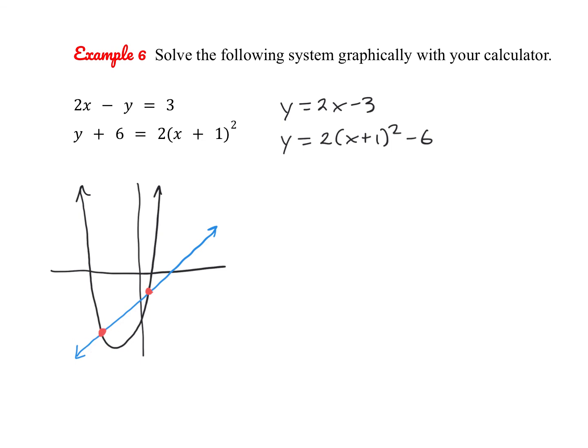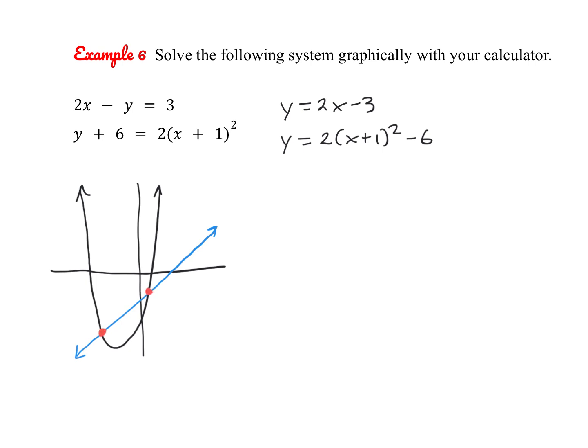It's going to ask you to trace along a first curve. You scroll over on your first curve until you're close to your point of intersection, then you hit enter. Then you trace along your second curve until you're close to that same point, and hit enter again. It will say guess, and you hit enter again, and it will give you an estimate and tell you both the x and y values.